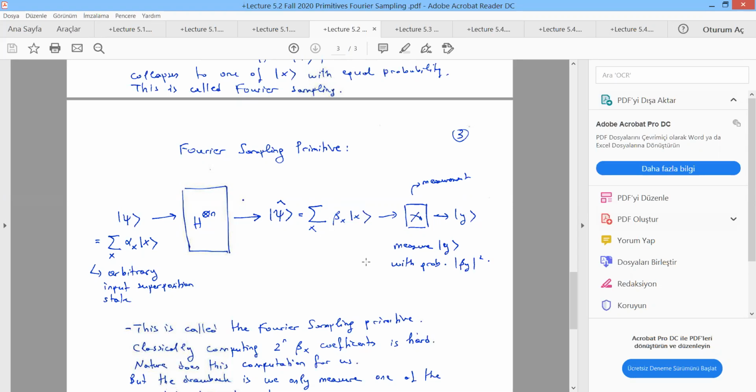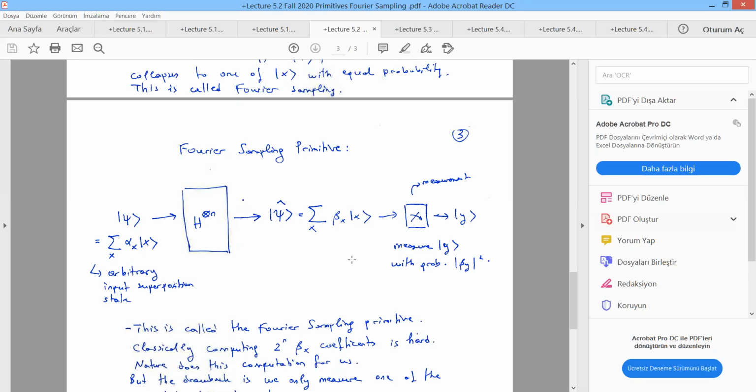One of these y's with this magnitude squared probability. So this construct is called Fourier sampling. When we discuss other more advanced quantum algorithms like quantum Fourier transform and others, we'll use this construct pretty often.